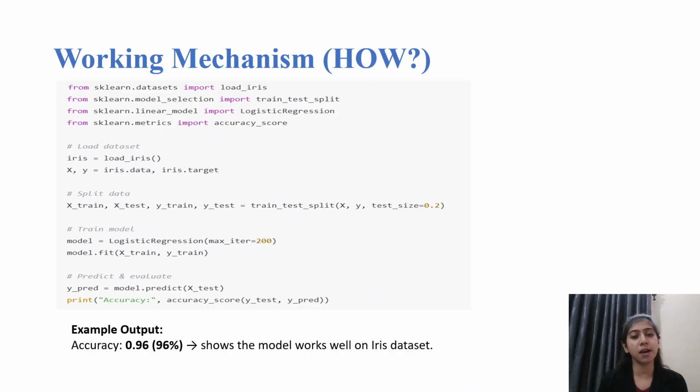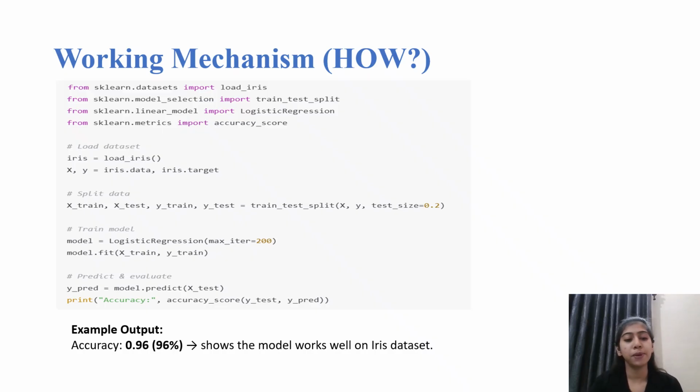The working example of scikit-learn is as shown in the code. Here, we have used the iris dataset and loaded it using the load_iris function. Then we have split the data into train and test sets using the function train_test_split. Then we have trained the model using the function model.fit in which we have passed the parameters X_train and y_train.